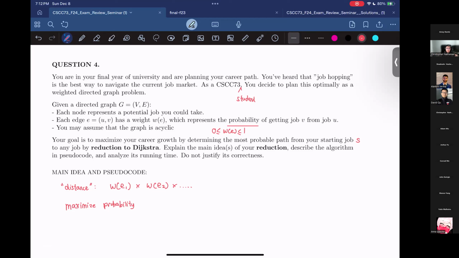Let's say you want to land a job at, I don't know, Microsoft. We're looking for the most probable path to get from your starting job at some random company X to Microsoft. What's the best path to get to Microsoft via job hopping? So it's as given.